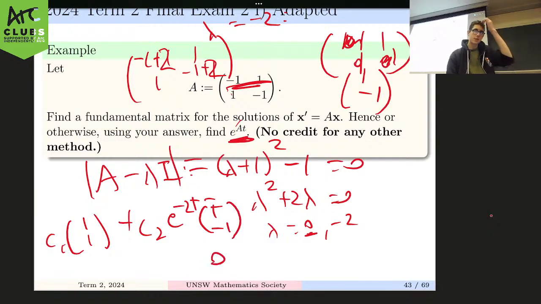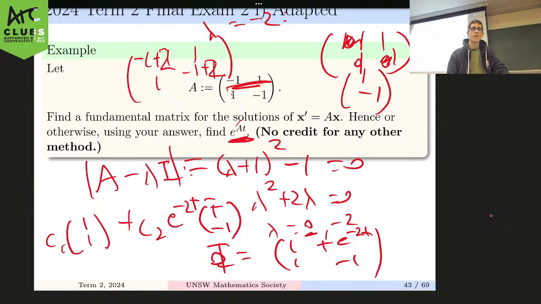So our fundamental matrix phi could be (1, 1), because we're just slapping in linearly independent solutions, e to the -2t, -1, like this. Oh, that's not a t, that's just a 1. E to the -2t.